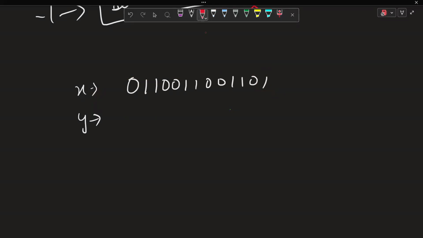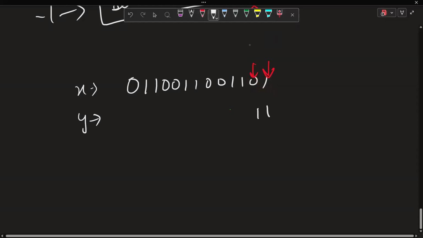I'm selecting two positions: one is the LSB of x and the other is the lowest unset bit in x. So from the right side the first one, and from the right side the first zero. I would select these two positions, and I would only set these two bits in my y and leave the remaining bits as zero.